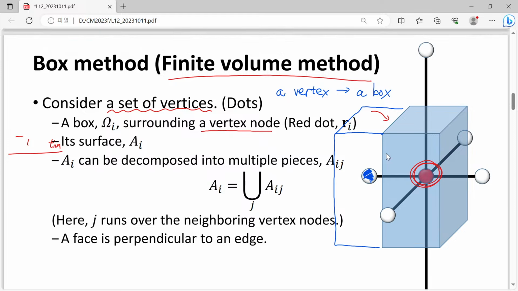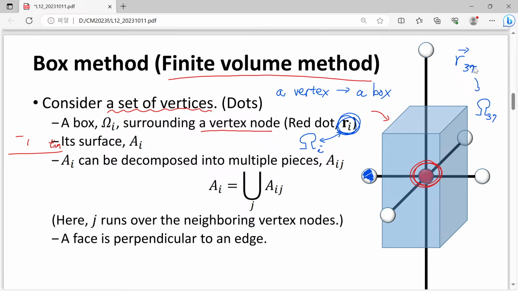So are you with me? If we have a vertex corresponding to a coordinate r sub I, then we can try to find the box omega indexed with I. So, for example, if we have the 37th point, then of course we can identify a certain box corresponding to that one.